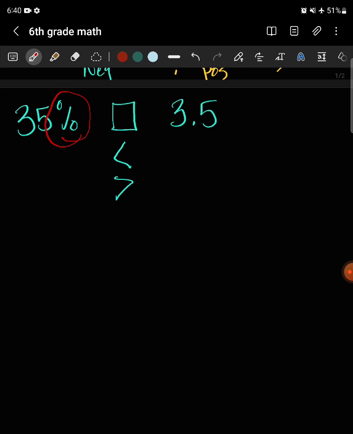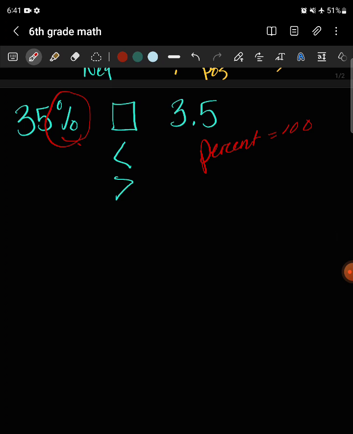All right, we have percent form, and we have decimal form. So the one thing that we can do is that we know that we can convert this percent into a decimal. So we know that a percent is out of 100.